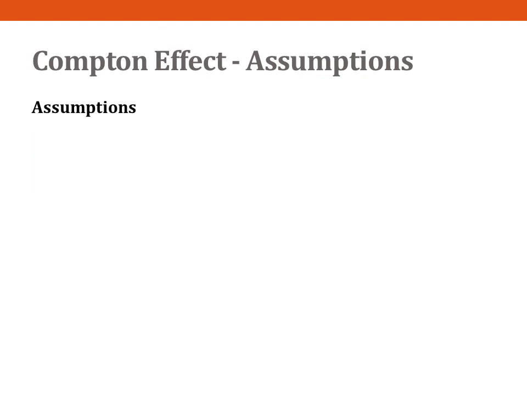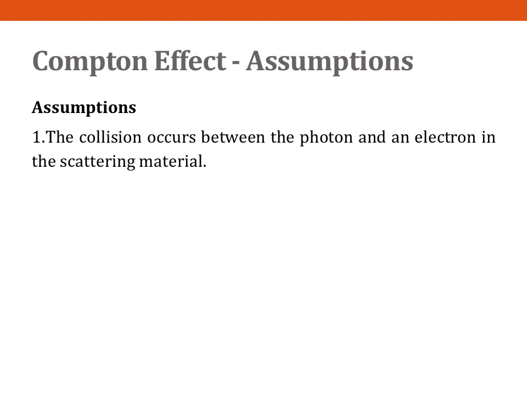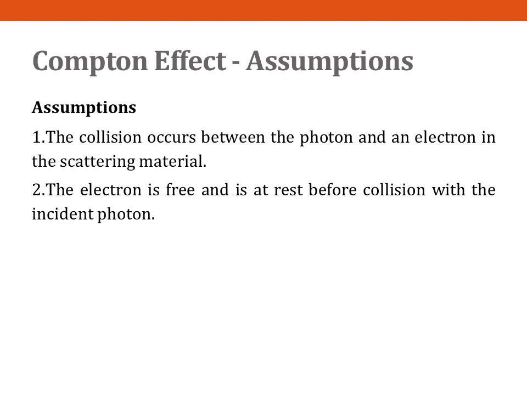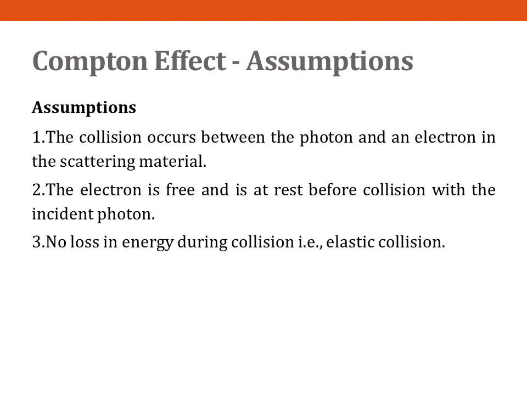Some of the assumptions made for the Compton effect to occur are: the collision occurs between the photon and an electron at rest which is present in the scattering material. The electron is free and is at rest before collision with the incident photon.